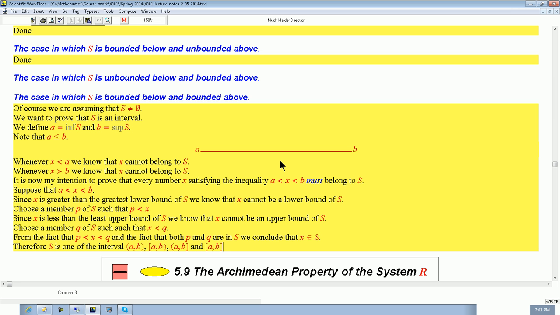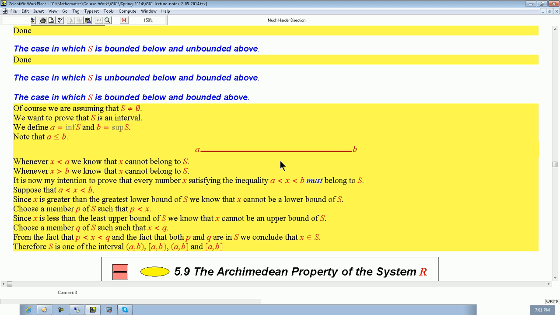So how come we didn't suppose that A is less than or equal to X is less than or equal to B? Because I don't know whether or not A or B belongs to S. My purpose was to explain that any number that is strictly between A and B must belong. You could have guessed that by looking at the proofs of the other cases that we did before, because A is inf S and B is sup S. Do they belong?